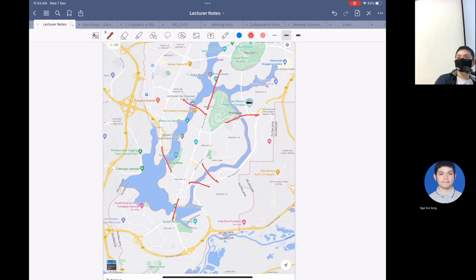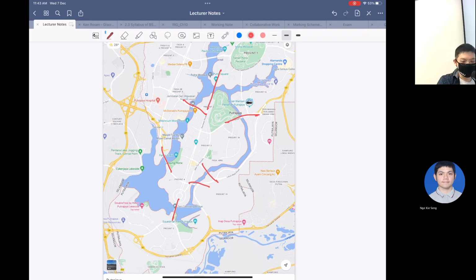Again, why is there no Euler circuit on Putrajaya? Which part is connected? Very good. You need to determine which part is connected.